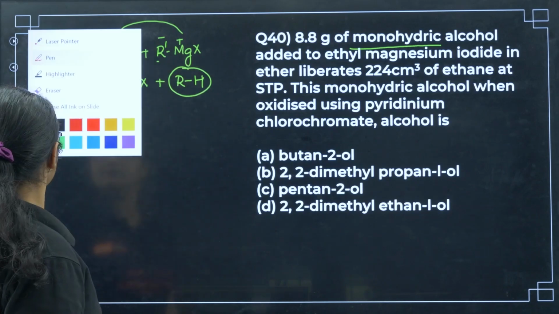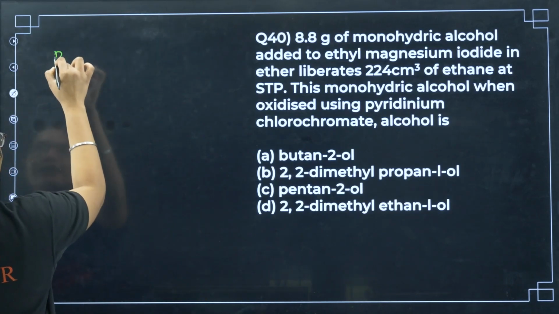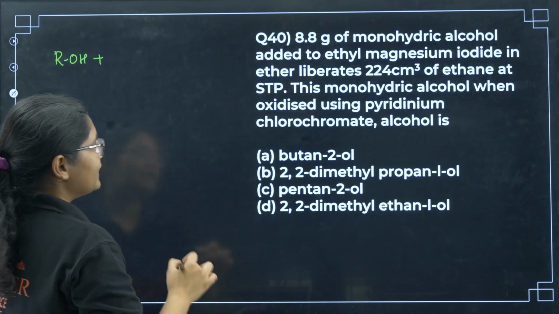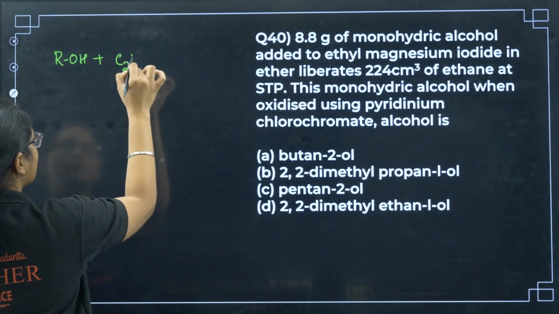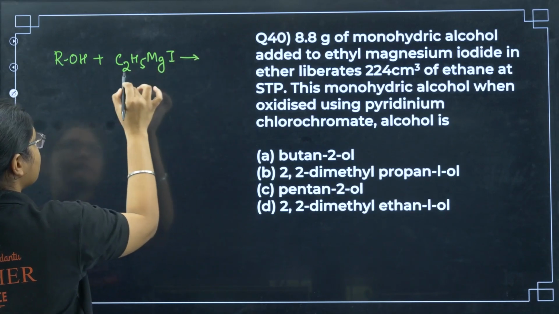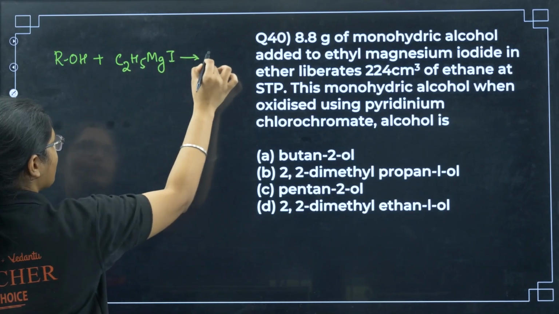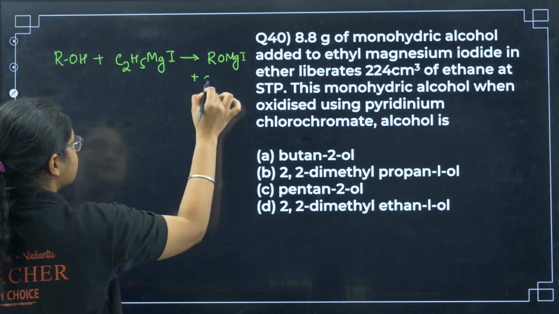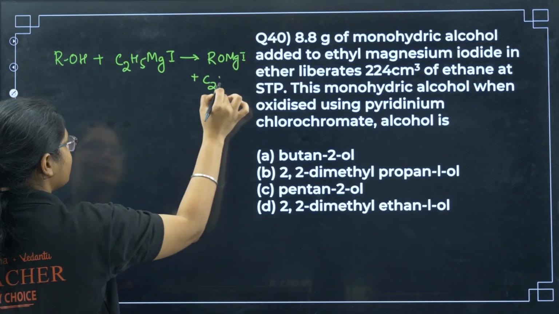Now in the given question I have a monohydric alcohol, and I am reacting it with ethyl magnesium iodide, that is C2H5MgI, and that will give me C2H5H, that means C2H6, plus ROMgI.